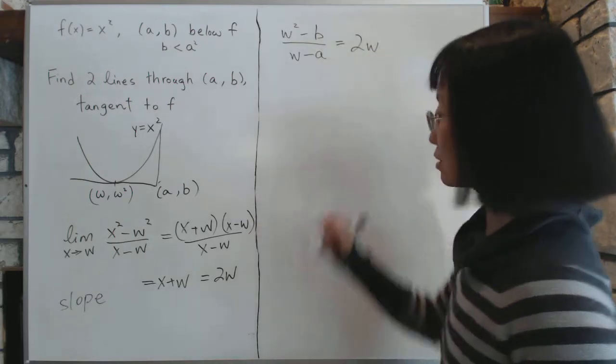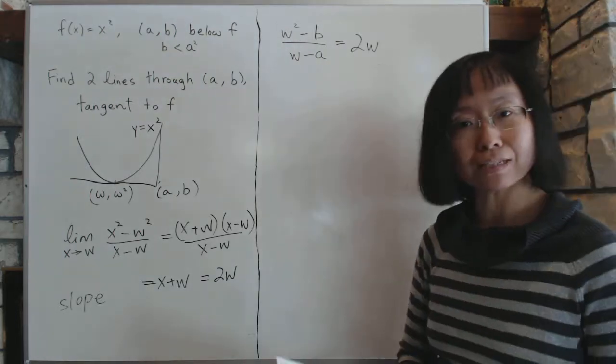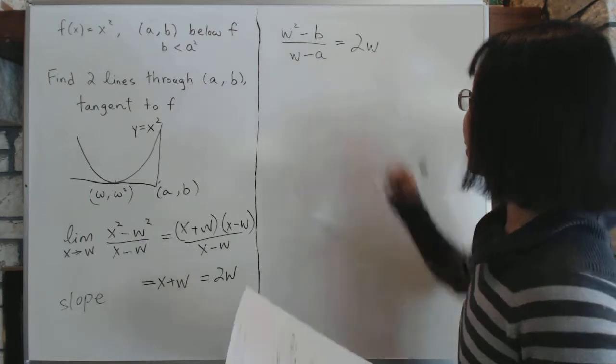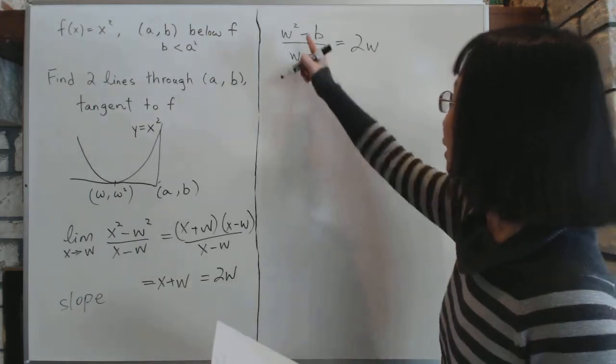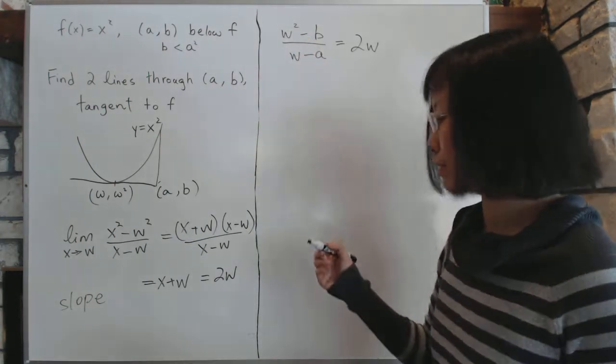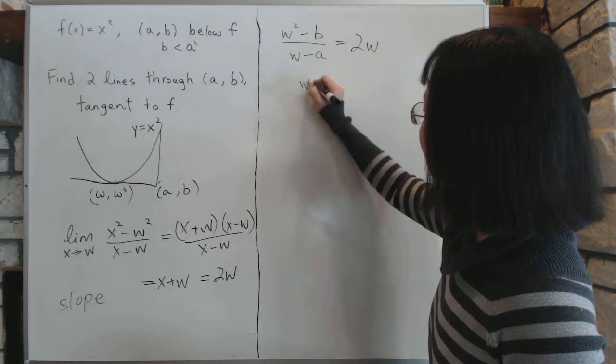The reason we do this is that we have two different expressions for the slope, and we're trying to find the equation for w, because a and b are the constants given to us, and w is what we're looking for. So with this relationship established, let's crank out what w is.